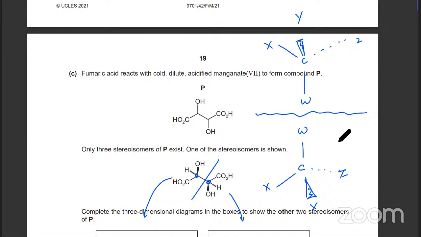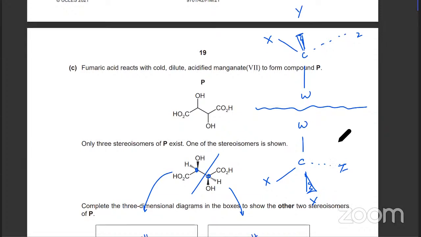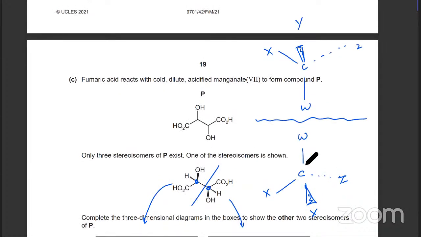So the point I'm trying to make is there are many ways of mirroring this. There's another way. What if I do front to back, where your computer screen is your mirror, and you think of the molecule as being behind that mirror? If you want to bring it towards yourself, the molecule will be mirrored front to back.